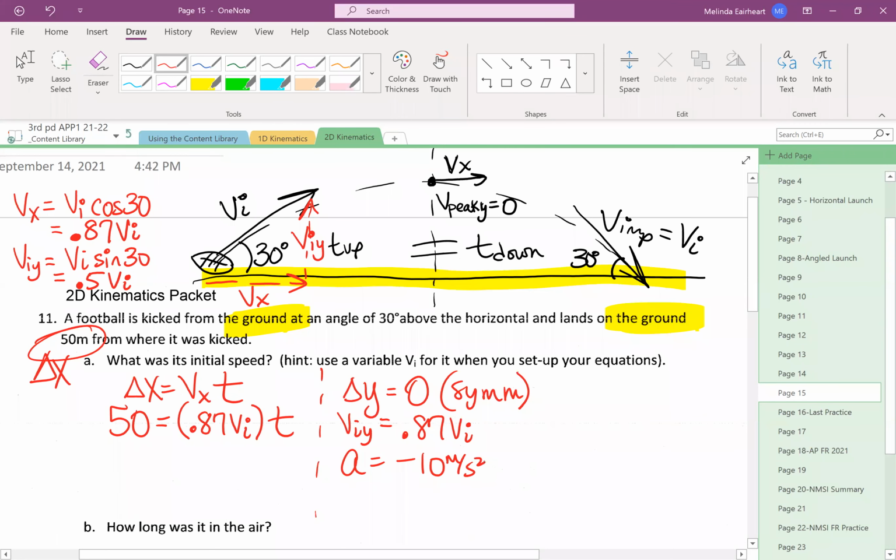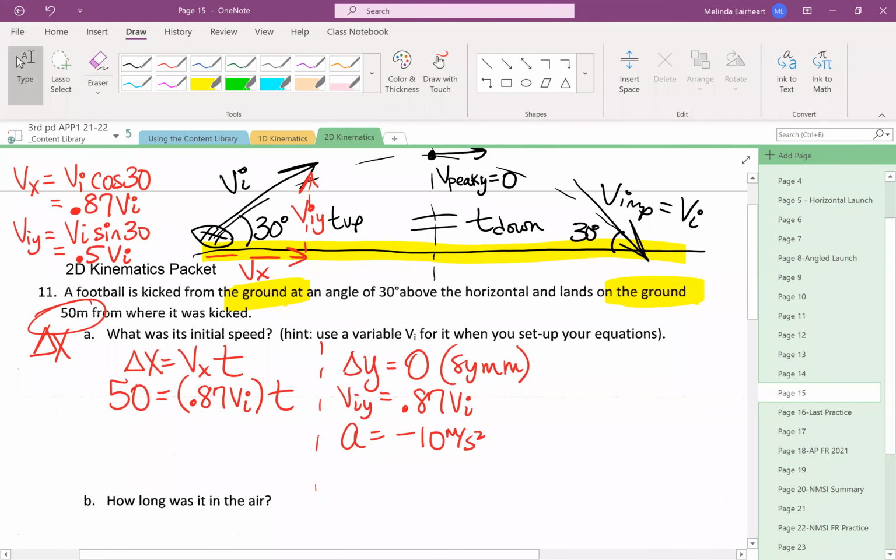And what else do we know? There is one more thing. If you look at the symmetry, what would the final vertical velocity be? The vertical component. Not 0, not final when it hits the ground.